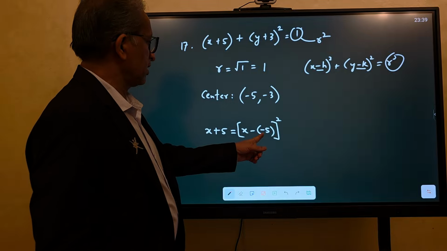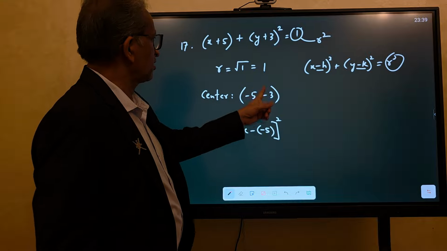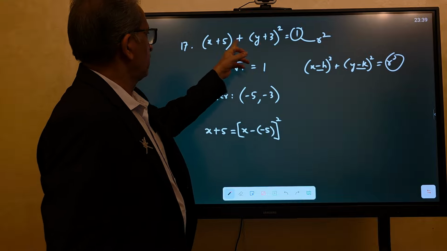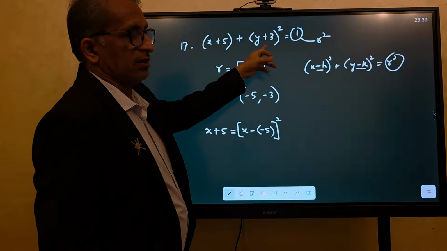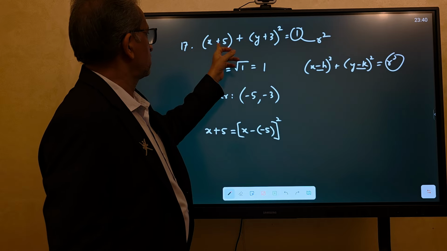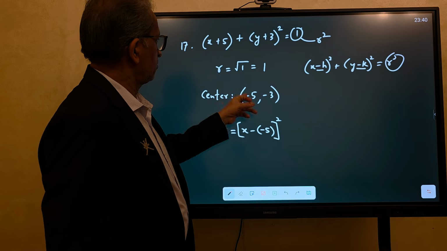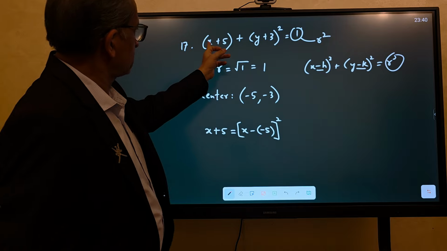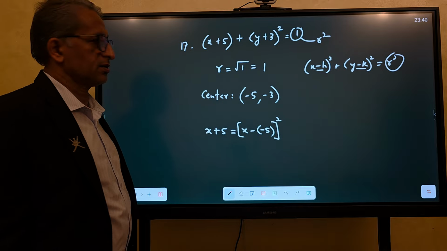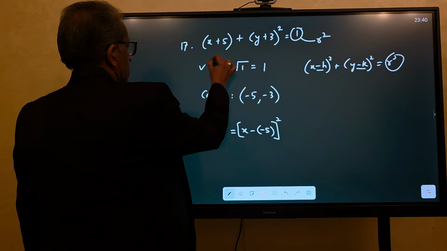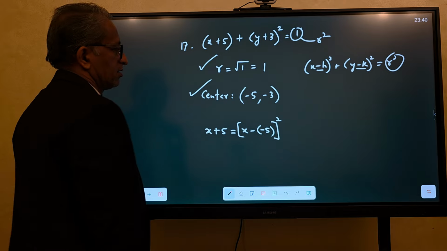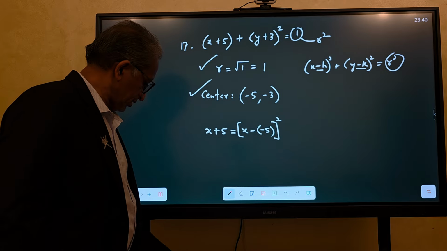So h is minus 5. So similarly I can write. Therefore, whenever you have a sign here, if it is minus, you write plus. If it is plus, write minus. So the radius is 1 and the center is minus 5, minus 3.